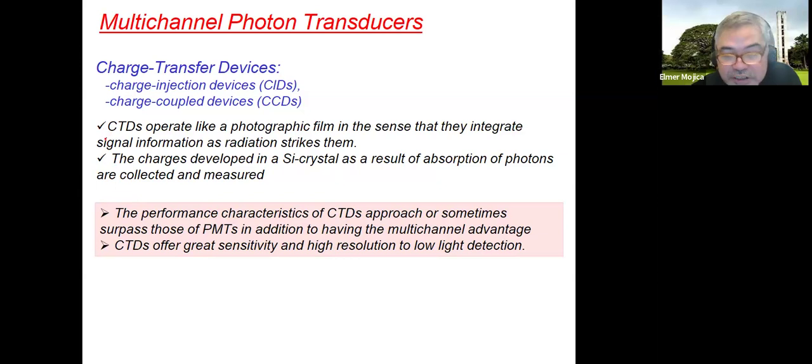Okay. So a further advantage that you have is a two-dimensional arrangement, in the sense that individual transistor elements are arranged in rows and columns. Okay. So here, if we're going to look at this, it operates like a photographic film in the sense that they integrate signal information as radiation strikes them.